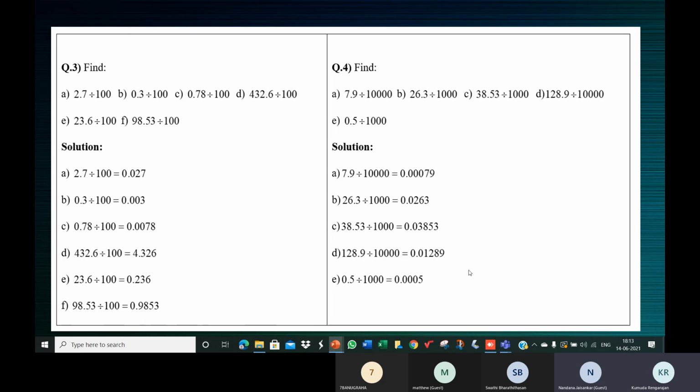But you need how many decimal places? 4 decimal places. So you have only 1 digit, 5, so you'll add 3 zeros before it, because you need 4 decimal places. So it will be 0.0005. Then only you will have 4 digits after the decimal point. Okay, ma'am.